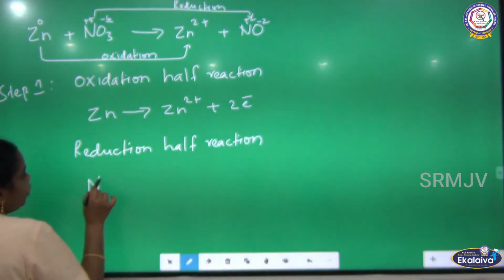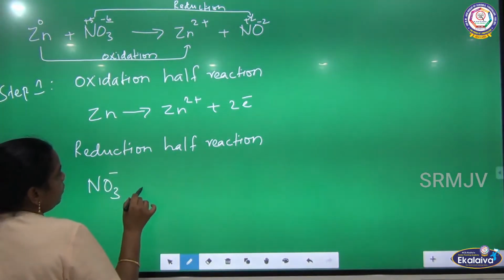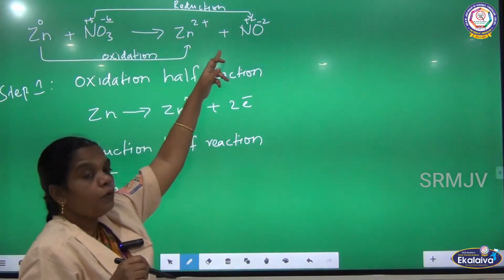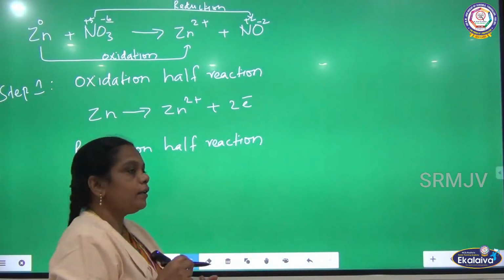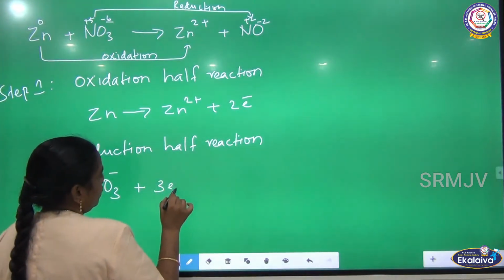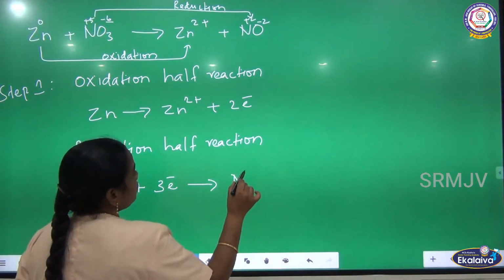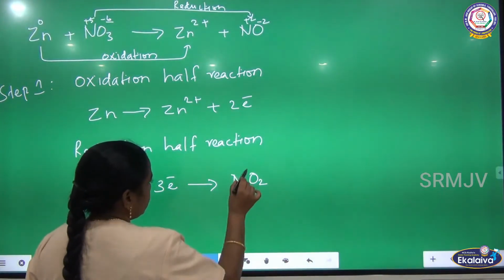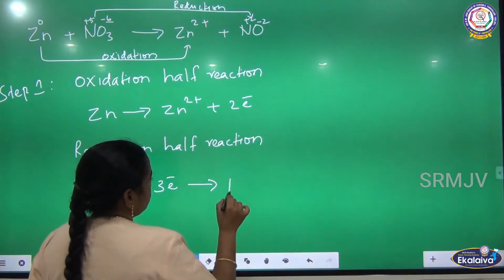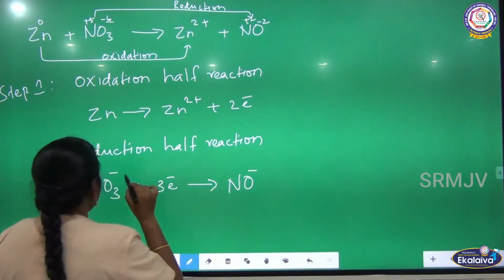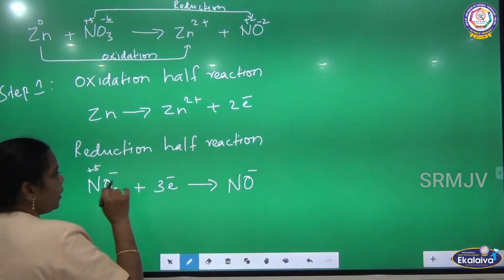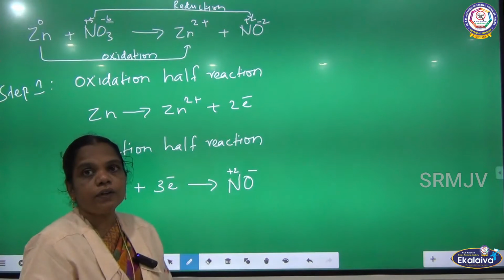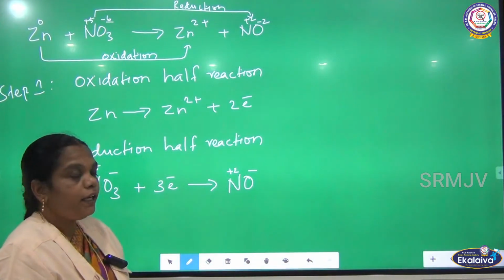So nitrogen, NO3 minus, by gaining electrons. So here how many electrons? Plus 5 to plus 2, so what is the difference? 3 electrons. By gaining 3 electrons to become NO. Here the oxidation state for nitrogen is plus 2, here plus 5 and here plus 2. By this way you can find out the oxidation and reduction.